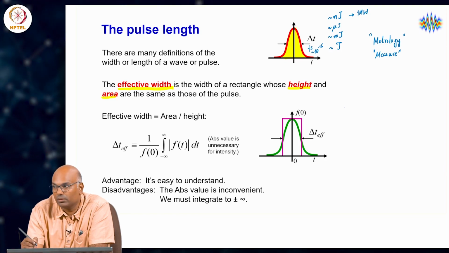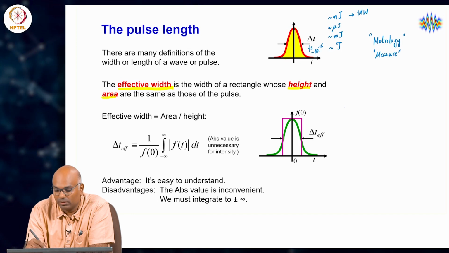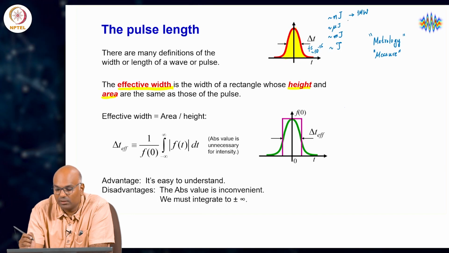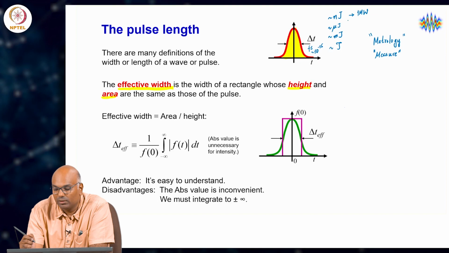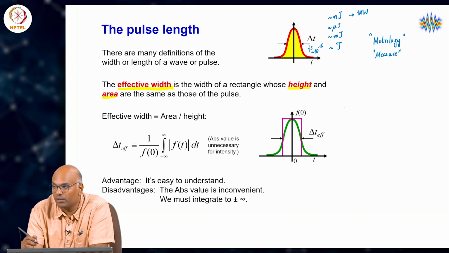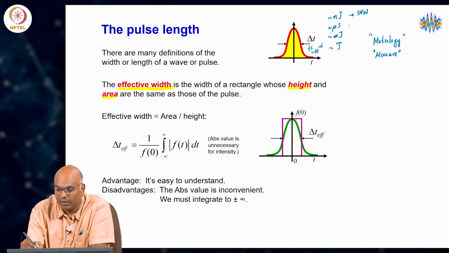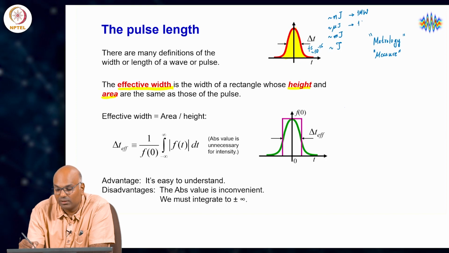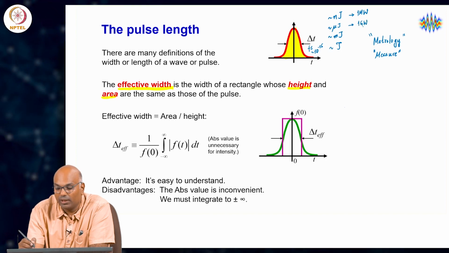Right, 10 to the minus 15 seconds and 1 nanojoule, 10 to the minus 9 joules, whereas here it is already a gigawatt.